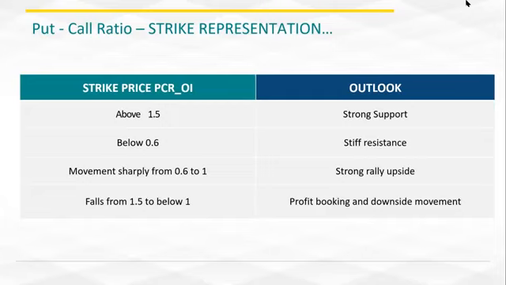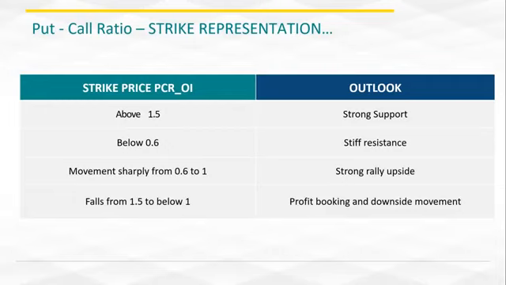So let me make it brief and clear again. If you want to understand PCR, and if you are an intraday trader particularly, this one indicator in derivatives helps you a lot, because your range for your trade gets narrowed. You have a narrow range to focus.